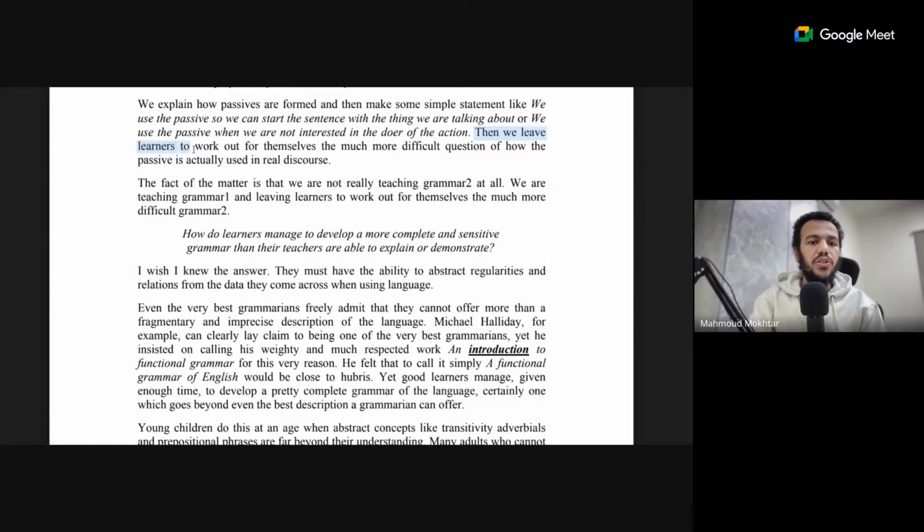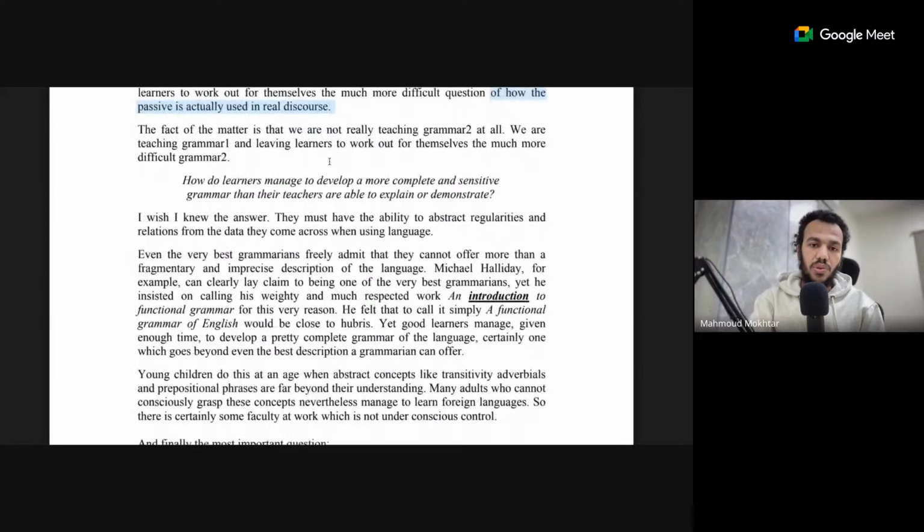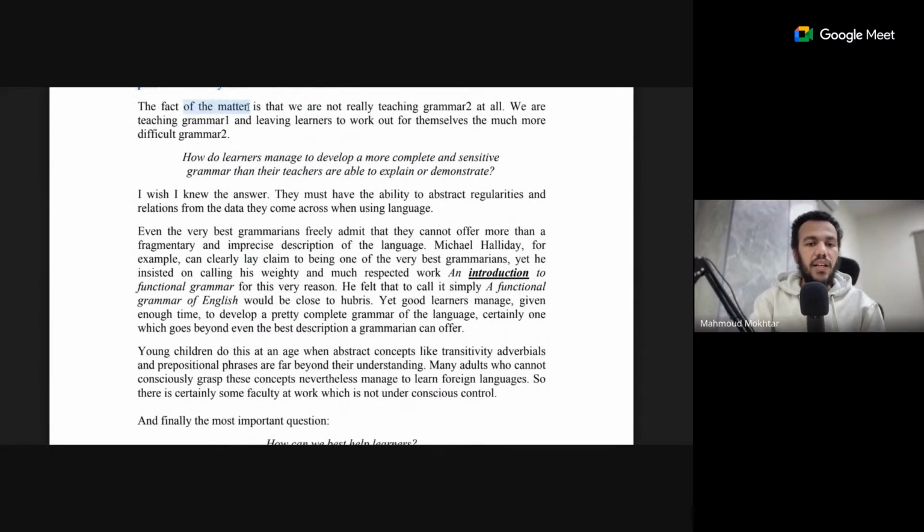Then we leave learners to work out for themselves the much more difficult question of how the passive is actually used in real discourse. The fact of the matter is that we aren't really teaching grammar 2 at all. We're teaching grammar 1 and leaving learners to work out for themselves the much more difficult grammar.